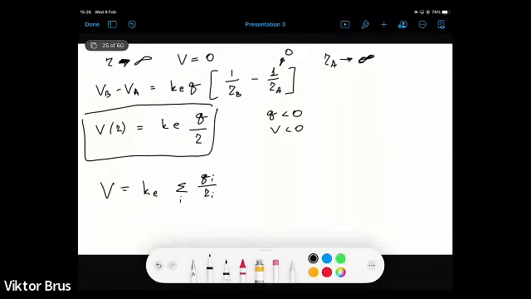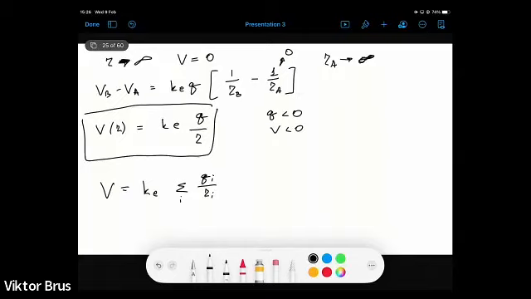So we need to know the magnitude of each charge in the system. Also, we need to know the distance from the given point where we want to calculate electrostatic potential to each of the electric charges. And then by a simple algebraic sum, we get the resultant electrostatic potential.